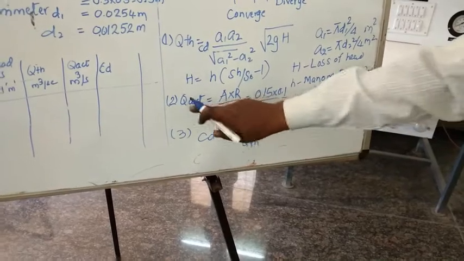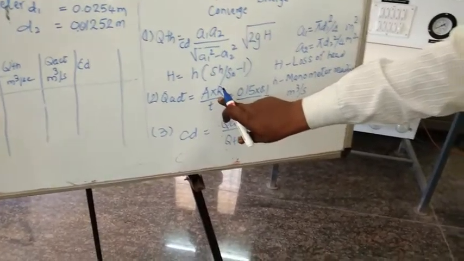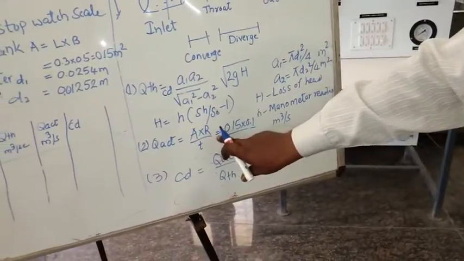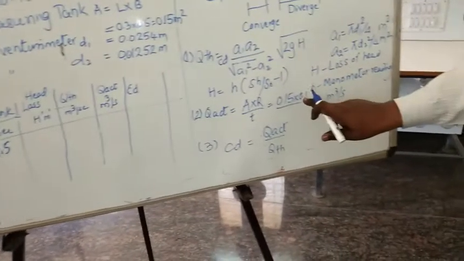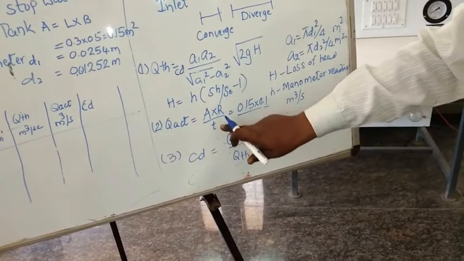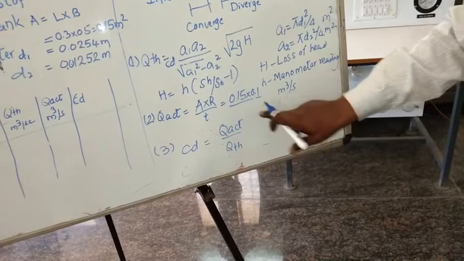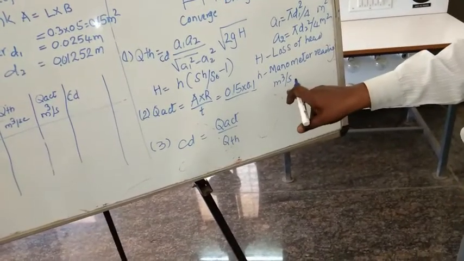Then Q actual equals the surface area of the collecting tank, that is 0.15, and the rise is 10 centimeter. Then the time required to collect is 9.5 seconds. Then we will get the actual discharge in meter cube per second.